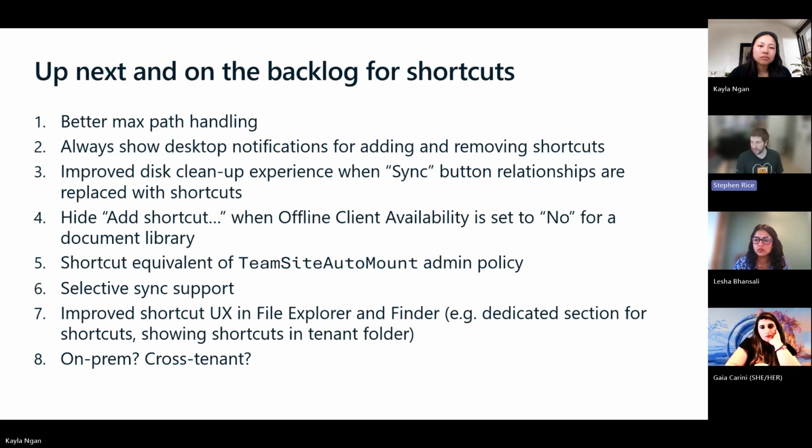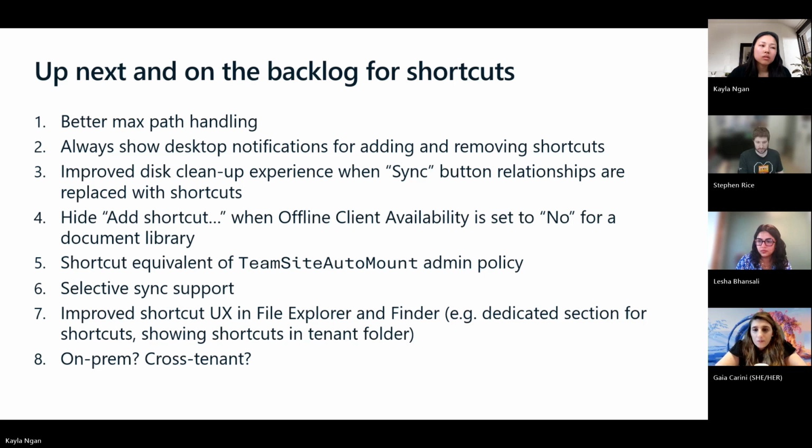Cool. All right, next up is Ashley. Hi, everyone. I'm not sure if this question has been asked yet, but we've had a case recently. We're migrating our on-prem file shares to SharePoint, and because of long file path names, you wouldn't know it's a long path until you add that shortcut to your OneDrive.